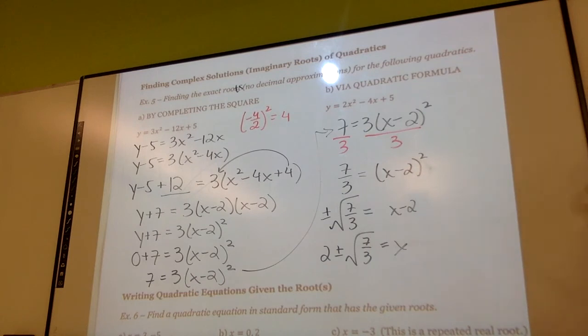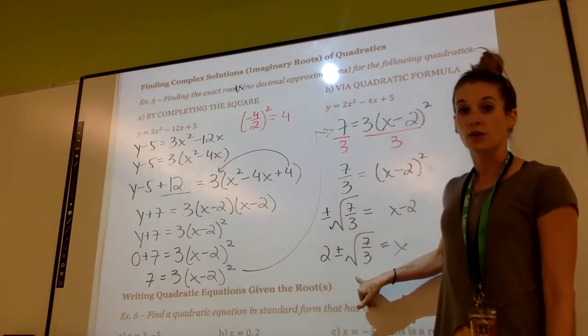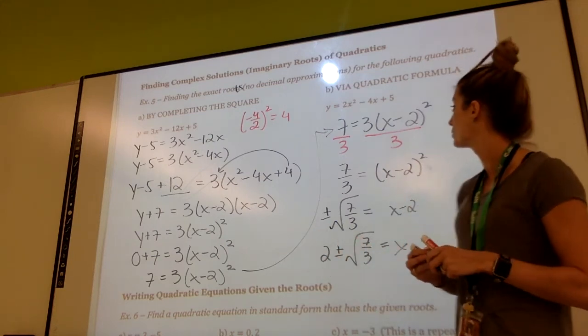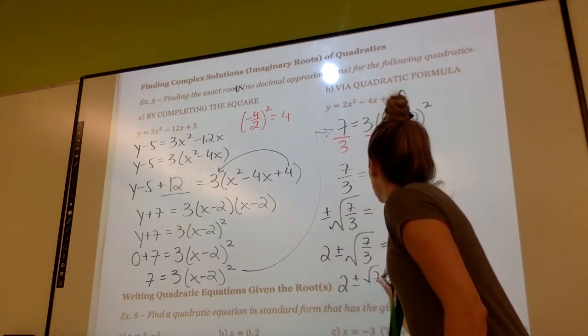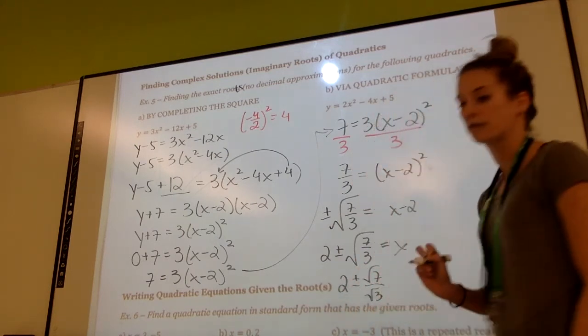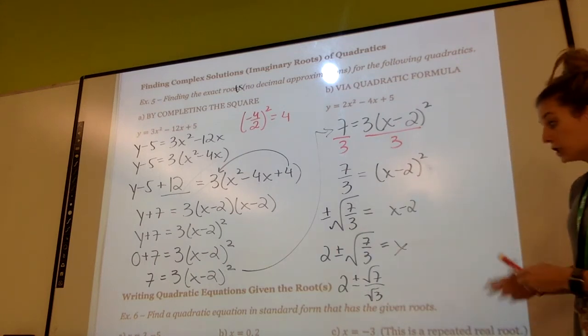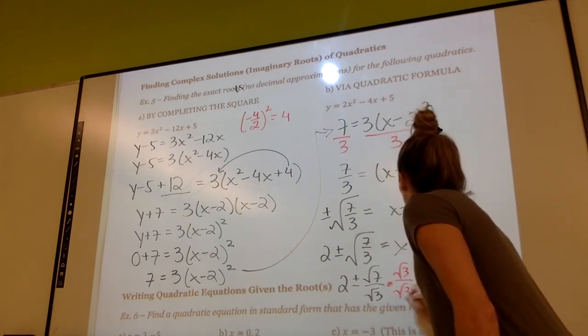But technically you're not done. The reason is that we have a fraction underneath the root, and we can't leave it that way because that's like leaving a square root in a denominator. This is actually the same thing as 2 plus or minus the square root of 7 over the square root of 3. And that square root of 3 in the denominator, we can't leave it there. So we're going to multiply this by root 3 over root 3.